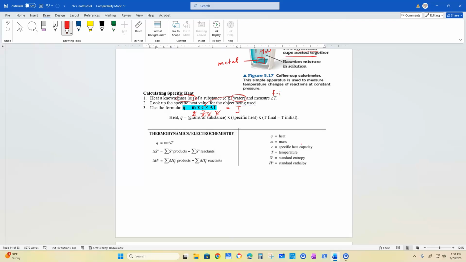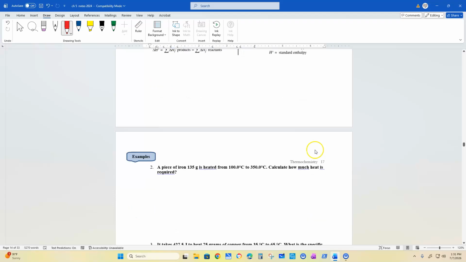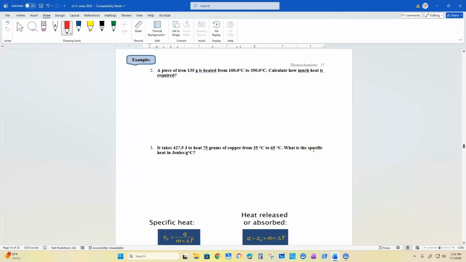As you see on your equation sheet, it's right there, and they even give you a little color code key right here so you know what is what. You have this one, but you don't have heat capacity. So let's practice this one. A piece of iron with a mass of 135 grams is heated from an initial temperature of 100 to a final temperature of 350.